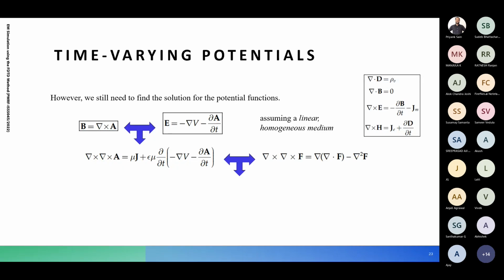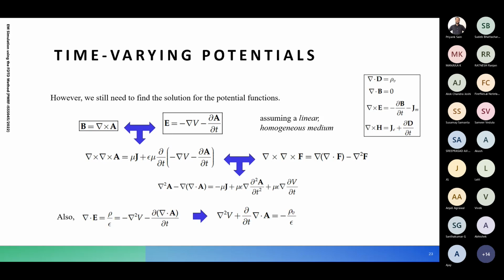We have used this particular identity to achieve this equation, and from this, with further simplifications, we will get this equation. We don't have to worry much about it. Now, the divergence of E from the Maxwell's equation is given by rho by epsilon.